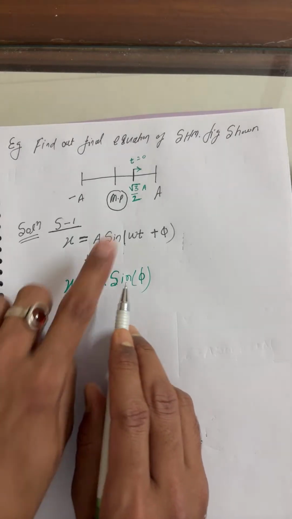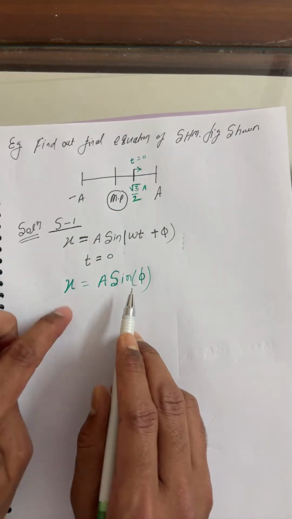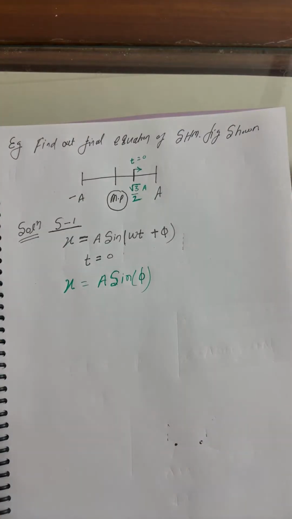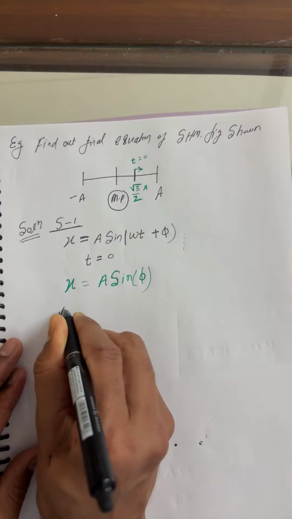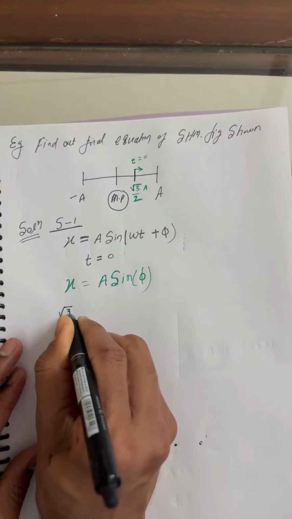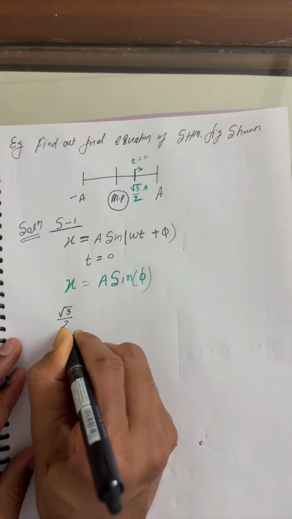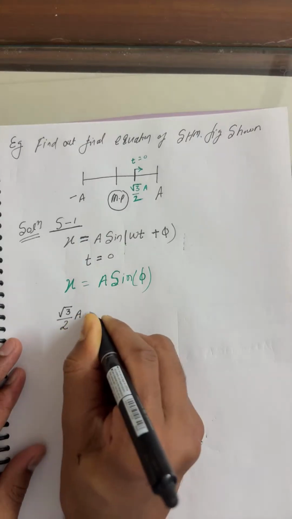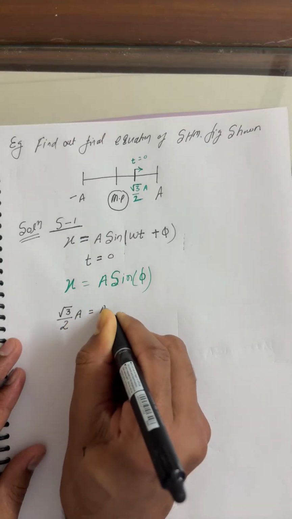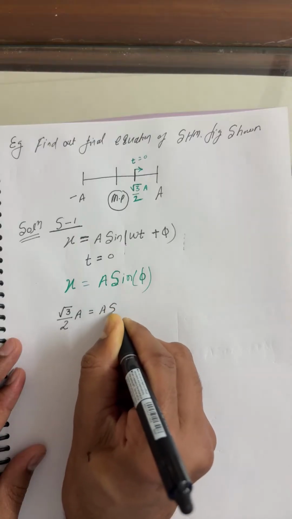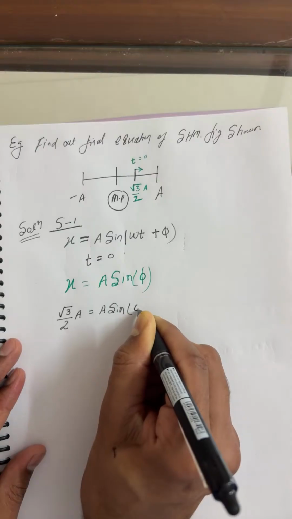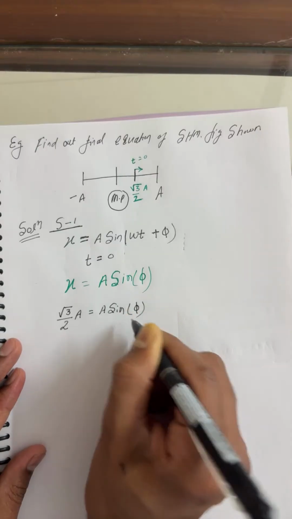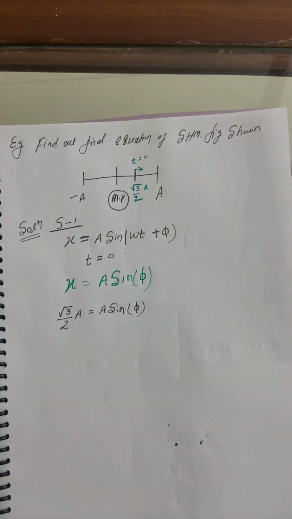Now, at t equals 0, the amplitude is mentioned, so you can fill it over here. Root 3 by 2 A equals A sine phi.